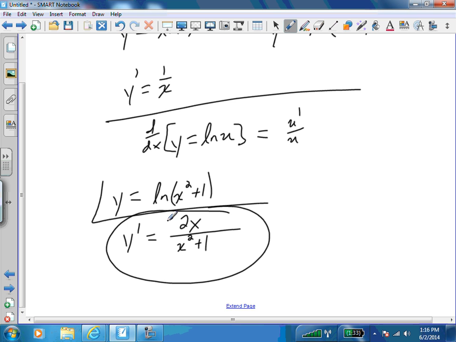So that would be our derivative. I'm going to ask a seemingly stupid question. Do we need a plus c there? We're not integrating. Remember, when we do an indefinite integral we have the plus c, but derivatives don't have those plus c.